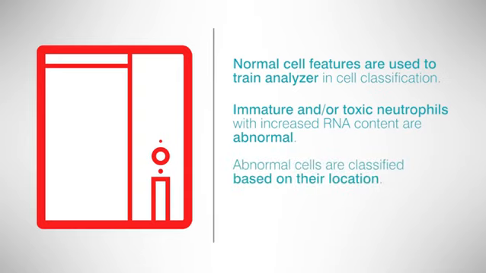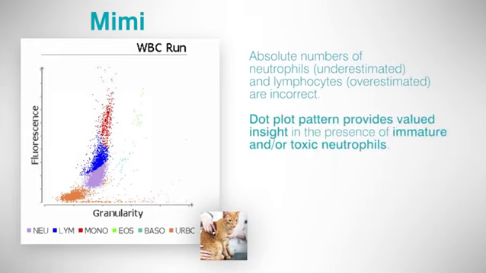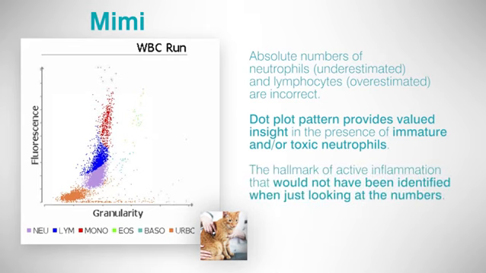The end result is that some of these abnormal cells are being classified based on their location. Although the absolute numbers of neutrophils, underestimated, and lymphocytes, overestimated, are incorrect, the dot plot pattern provides much greater valued insight in the presence of immature and/or toxic neutrophils. This hallmark of active inflammation would not have been identified when just looking at the numbers.